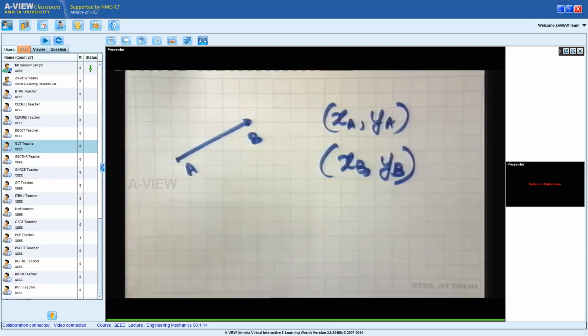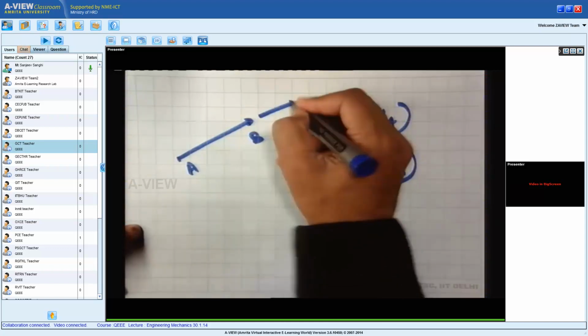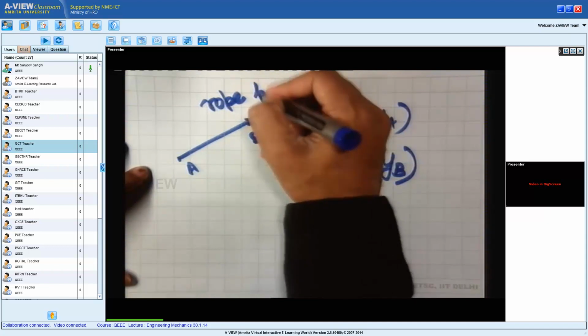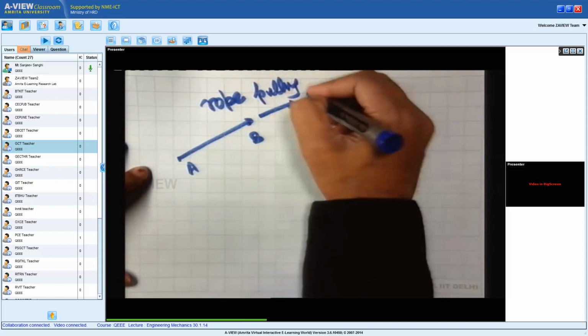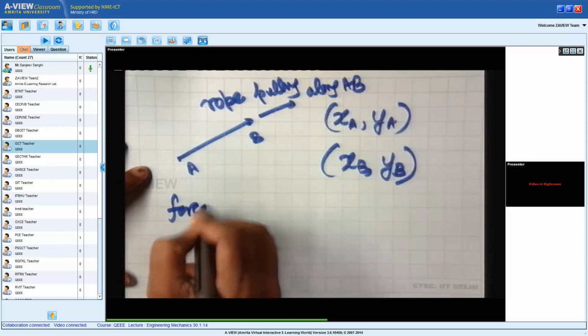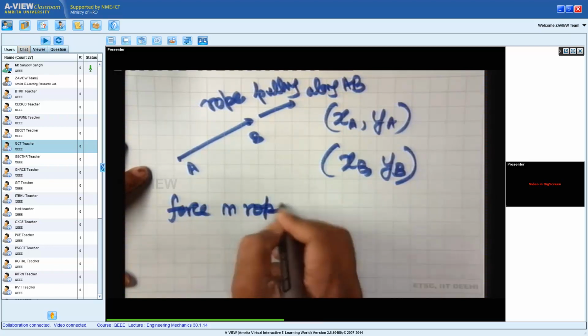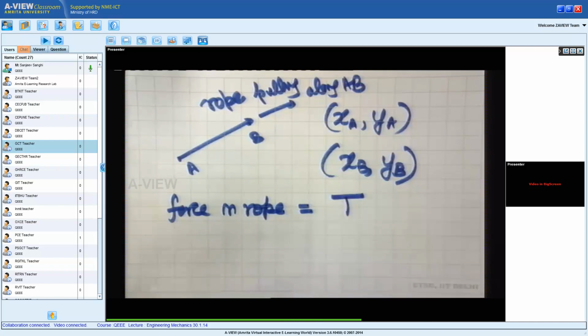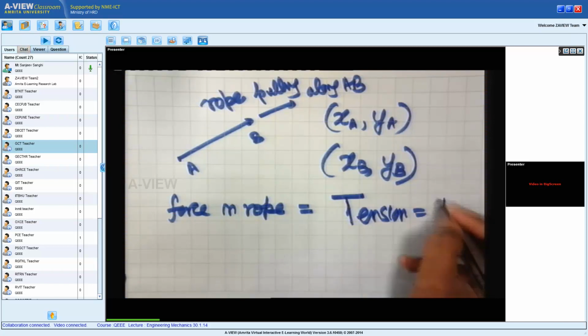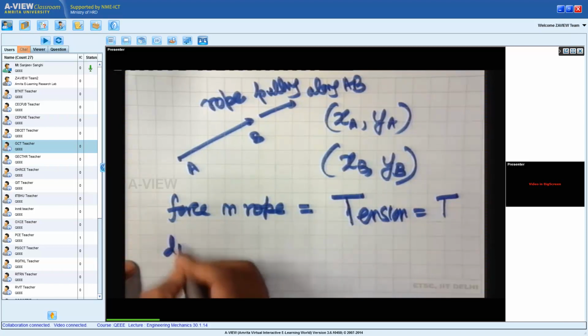Let's try to get to that. Suppose there is a rope which is pulling along AB. Now the force in the rope, normally we use the symbol T for this, we call it the tension. Now, what is the direction of the tension?